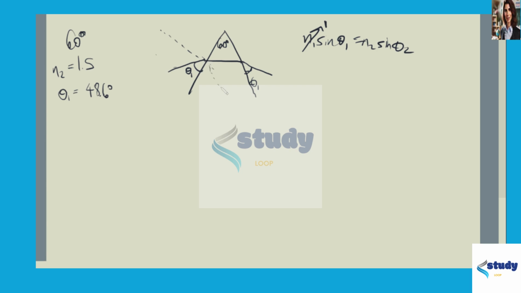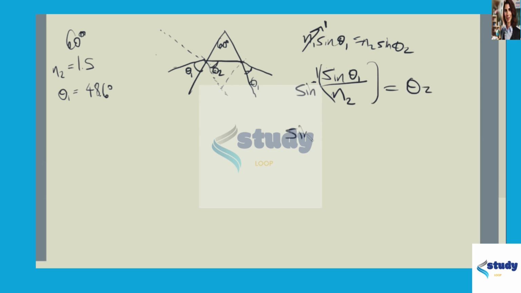So our theta 2 is located right here. So we want to determine what that is. To do that, we're going to take sine of theta 1 divided by n2, and then find the inverse sine of that whole situation, which will give us theta 2.